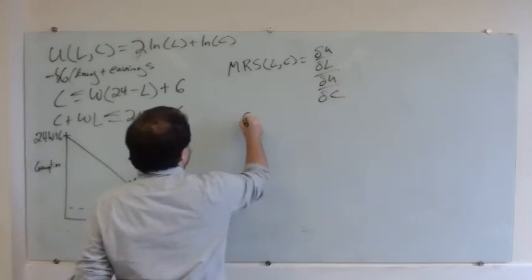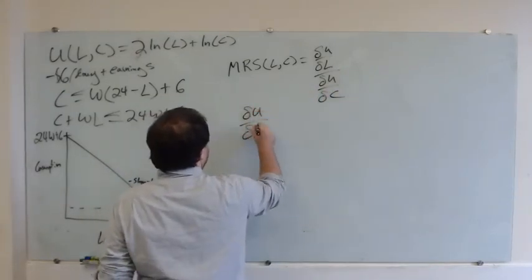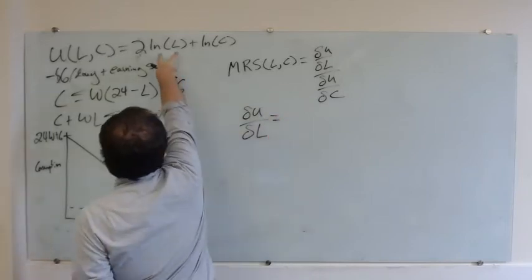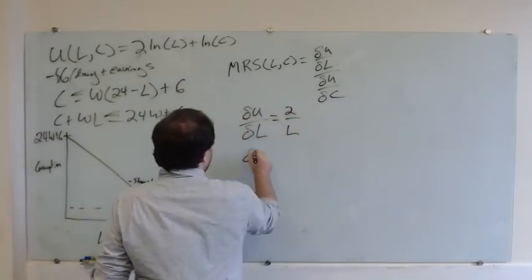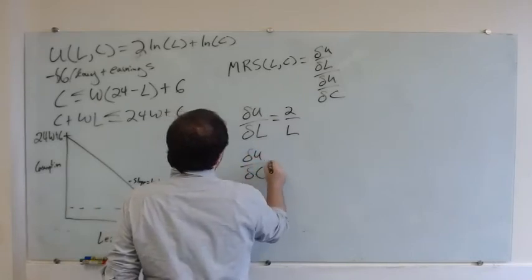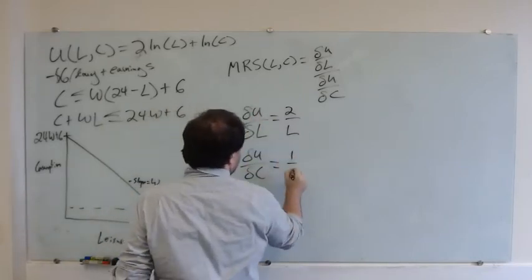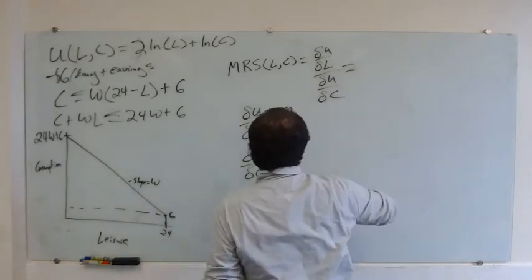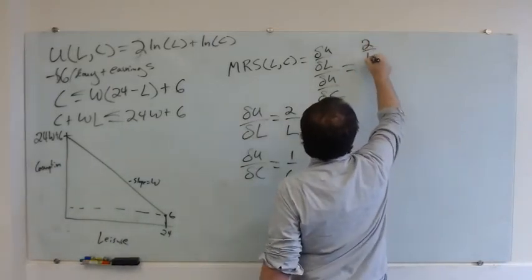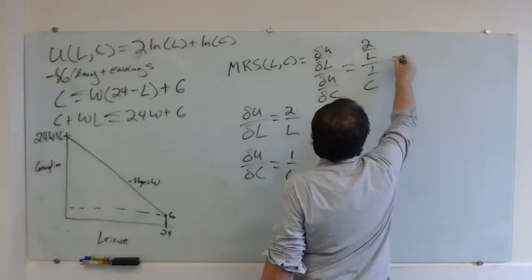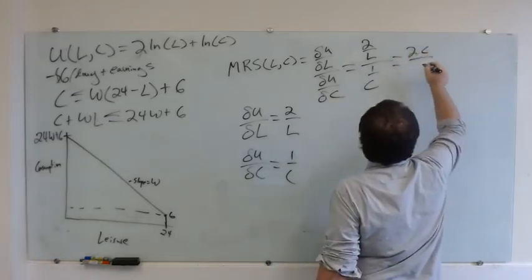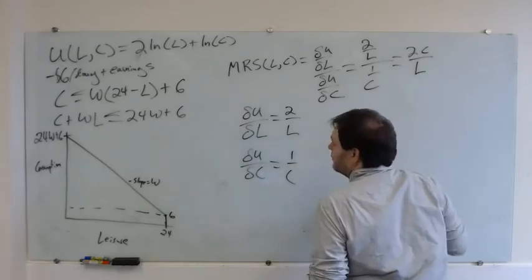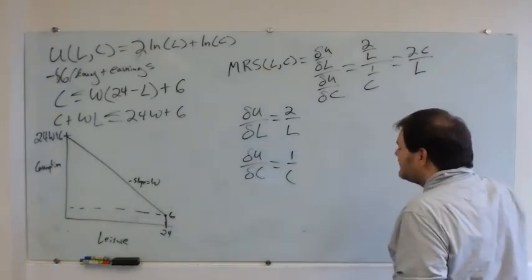Du dl is just going to be the derivative of 2 log L, so it's going to be 2 over L. Du dc is going to be 1 over C. So my MRS is going to be 2 over L divided by 1 over C, which is going to be 2C over L. Does this make sense?